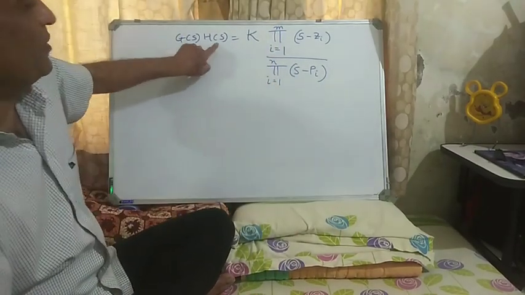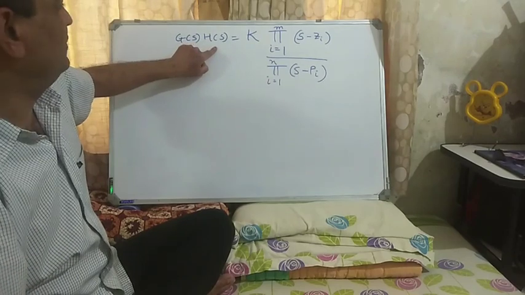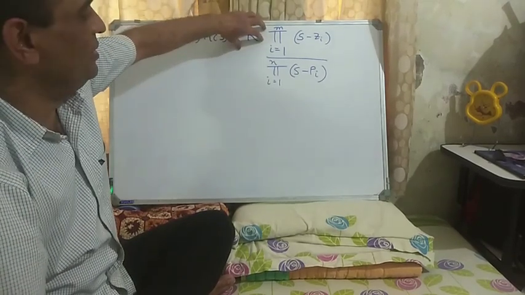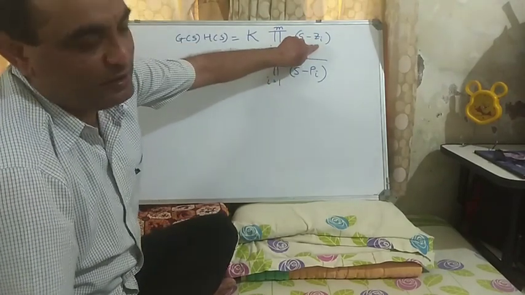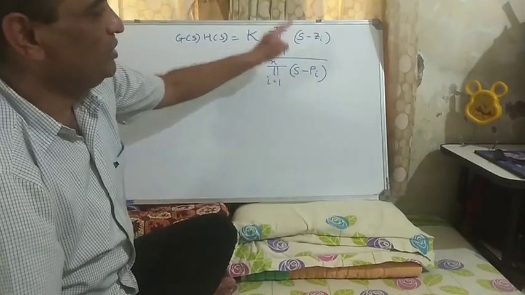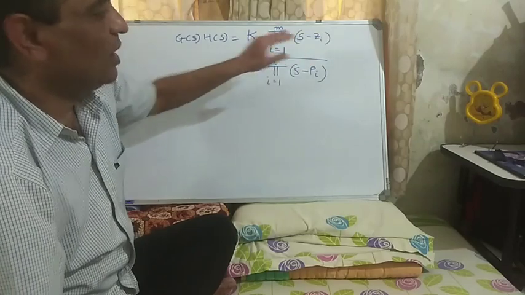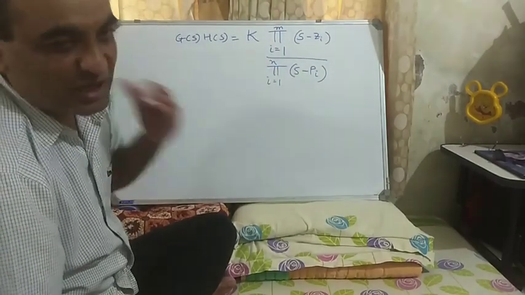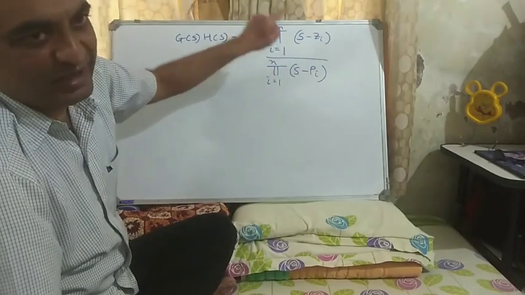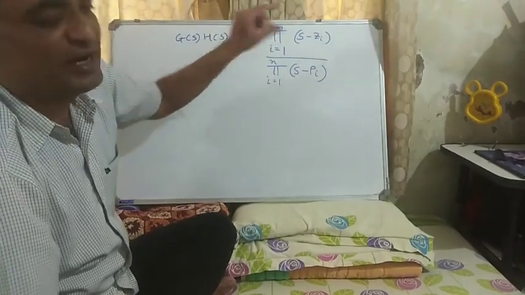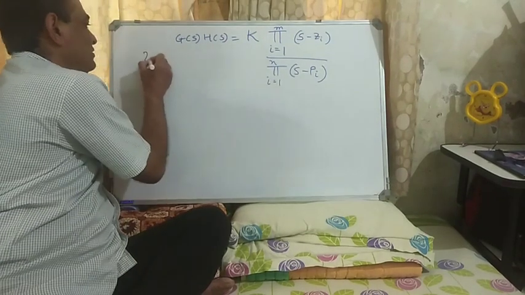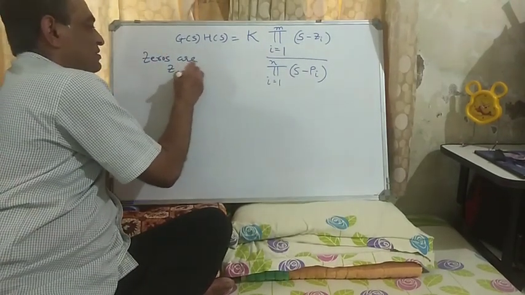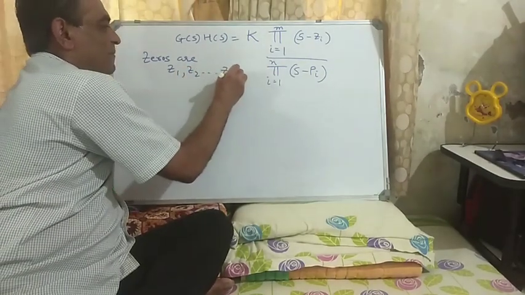Any open loop transfer function G(s)H(s) is a combination of the steady state gain k and (s minus z1)(s minus z2)(s minus z3) up to (s minus zm), because there are m zeros. So the zeros are z1, z2 up to zm.